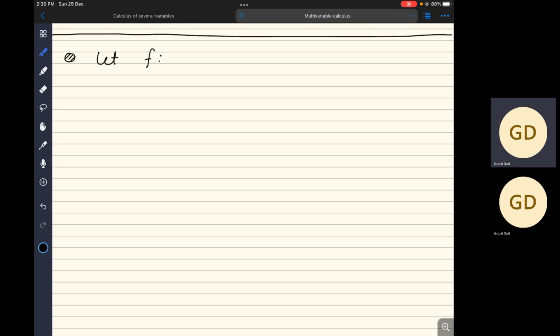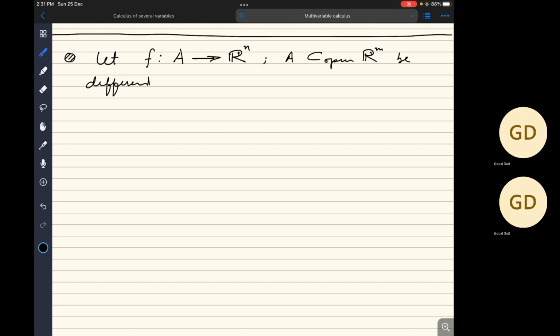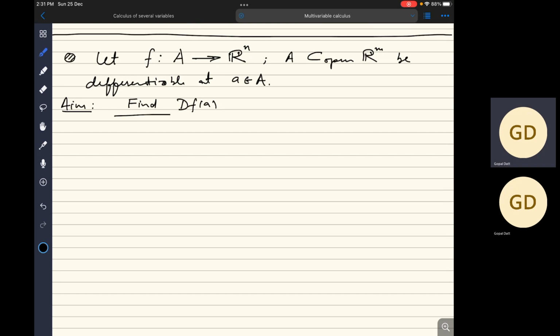Let f from A to Rn, A an open subset of Rm, be differentiable at a point a in A. Our aim is to find an expression for Df a, the matrix Df a.